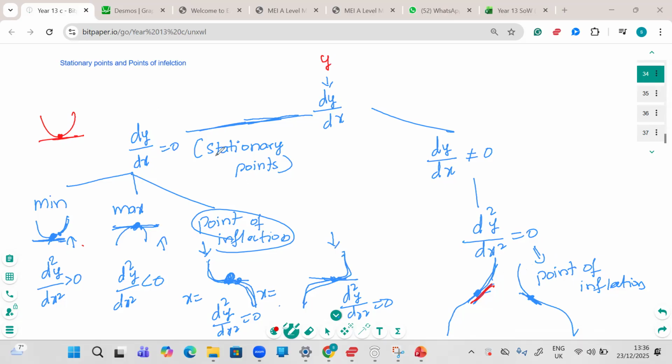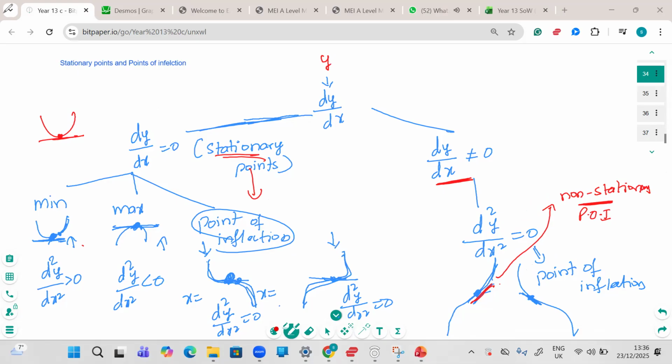Here, this is a stationary point of inflection. Then obviously the second name, this is a non-stationary point of inflection. Non-stationary because there was never dy by dx equal to 0. There was never a horizontal tangent.